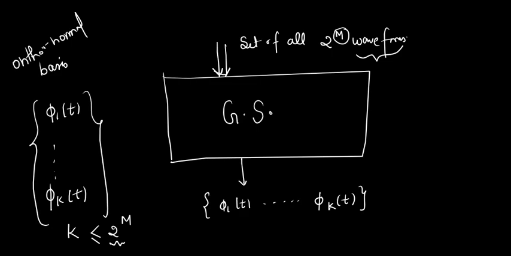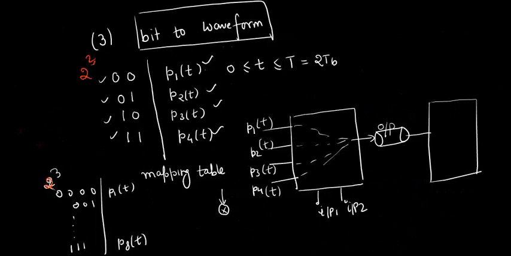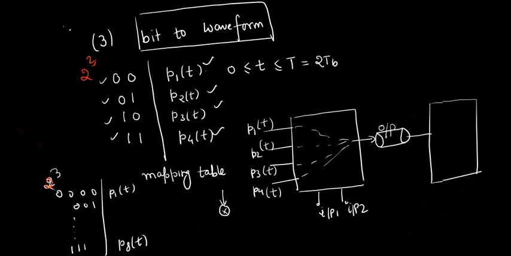See, first you have, see, we are going backwards now. Someone can come up, okay, a very 8th grade person, 8th grade means a person who studies in 8th grade. You are told to just take a sequence of bits, and accordingly you need to send the waveforms, yes or no?